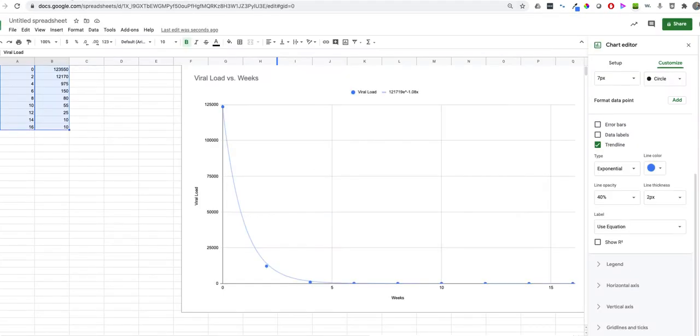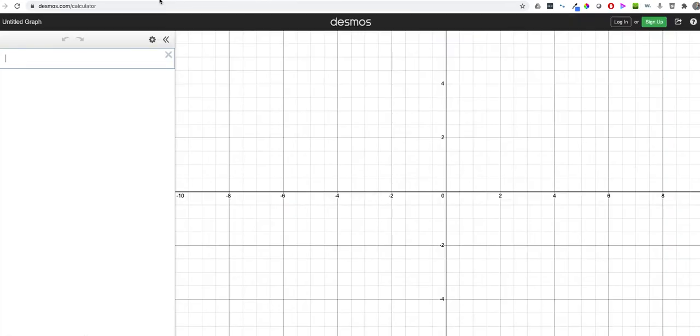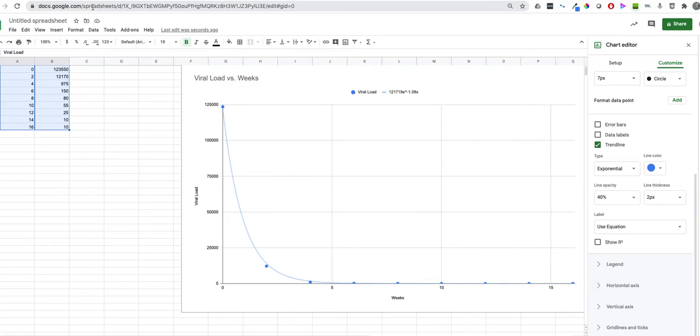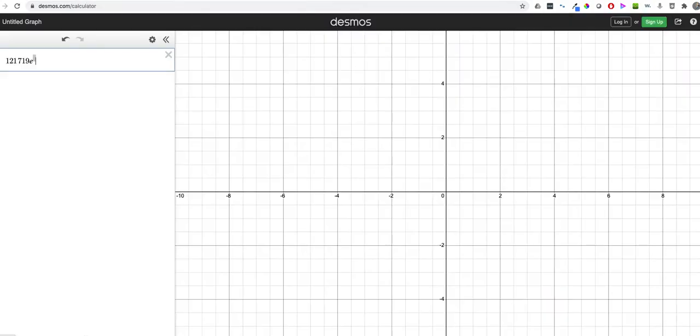Go to the graphing calculator. We're going to type in, I don't know if I can copy that, I can't, 121719, e to the negative 1.08x.